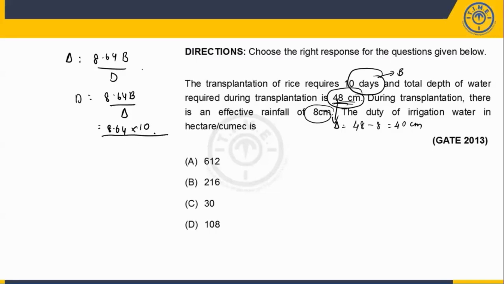Delta is how much? 40 centimeter is how many meters? 1 meter is 100 centimeter, so 1 centimeter is 1 by 100th of a meter. So 40 by 100 is 0.4 meter. Clear?